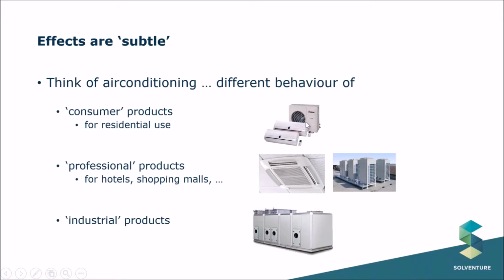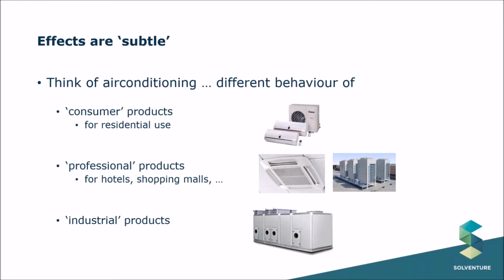Consumer products may also depend on the region. If you are in Phoenix, Arizona, you will not build a house without air conditioning. If you are somewhere in a central location like Belgium or the Netherlands, Germany, you will see that not everybody who builds a new house necessarily installs air conditioning.